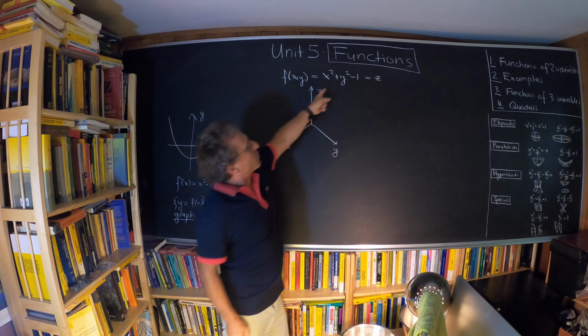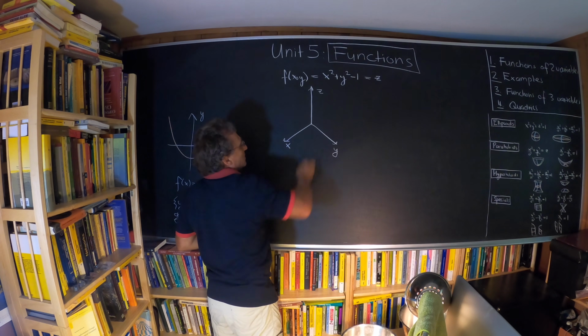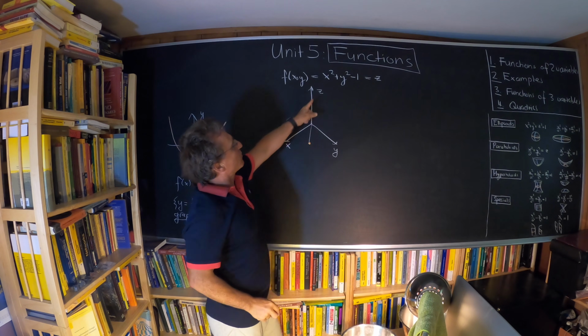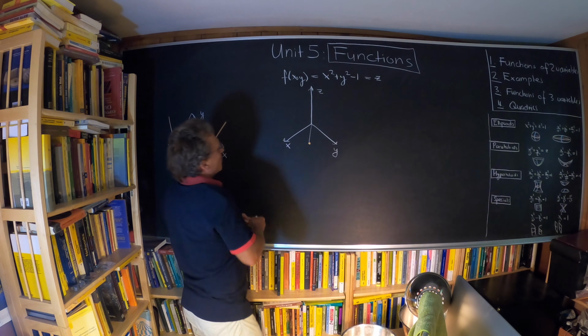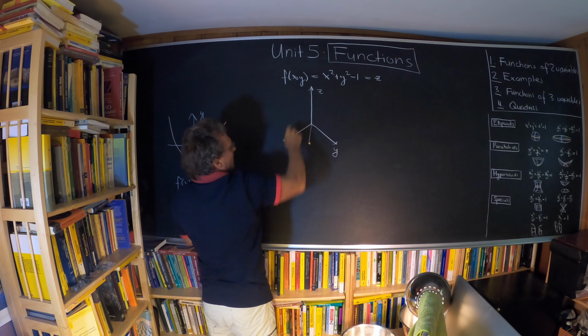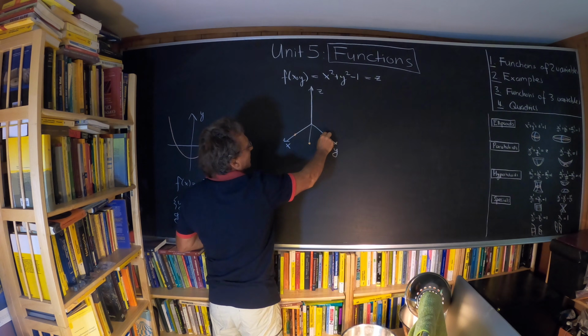So this means, for example, for x equal to 0 and y equal to 0, when we are here, we take the value minus 1. If x is equal to 1 and y is equal to 0, we get the value 0. And also when y is equal to 1 and x is equal to 0, we get the value 0.